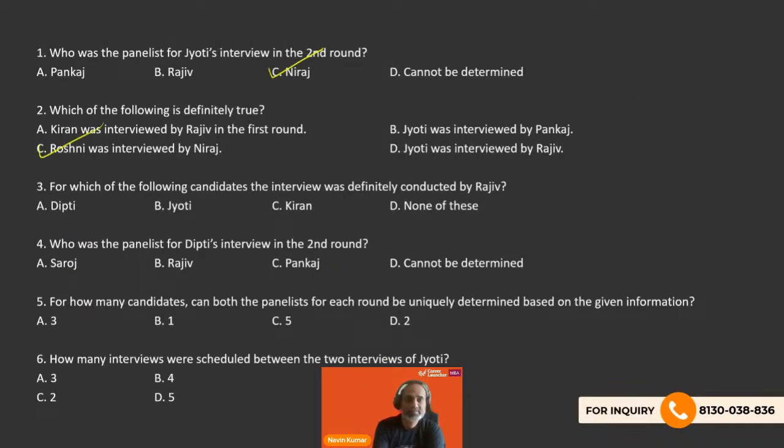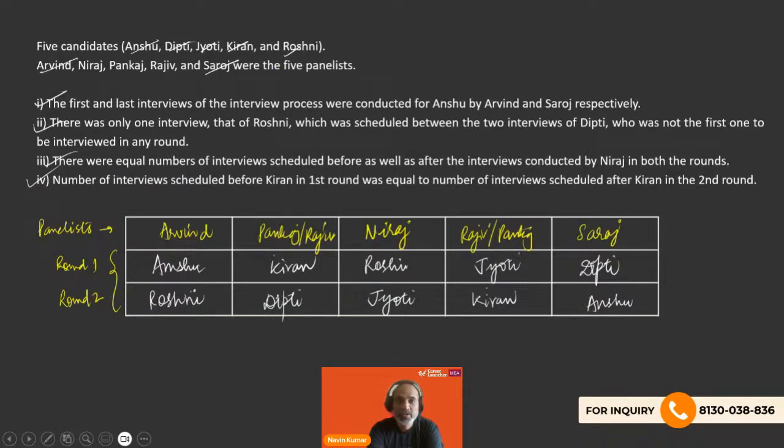Okay. For which of the following candidates the interview was definitely conducted by Rajiv? If Rajiv is the second interviewer, then Kiran and Dipti exist. And if Rajiv is the second last interviewer, then Jyoti and Kiran exist. So Kiran is the name which is definitely there.